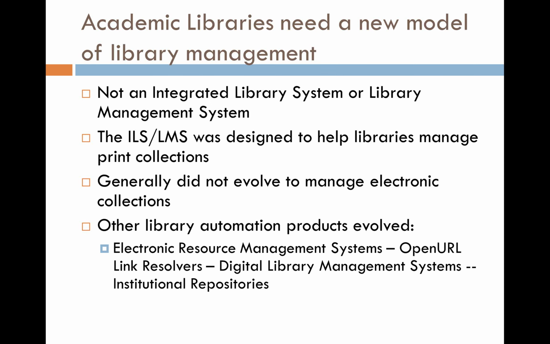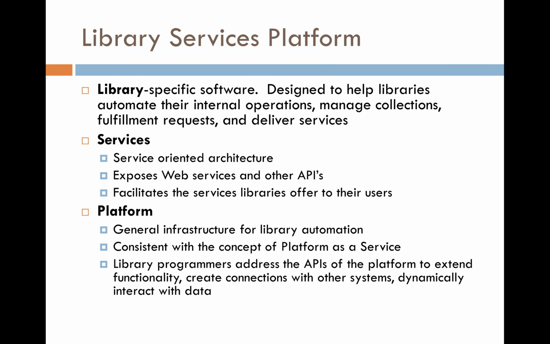And the good news is that there are products that are being built in that model today. I'll mention a couple of them in a minute, but I don't want to keep calling them integrated library systems because they're not really. They're not like the legacy ILS systems that we've been using for the last 30 years.